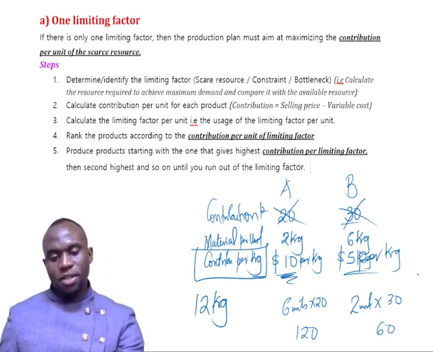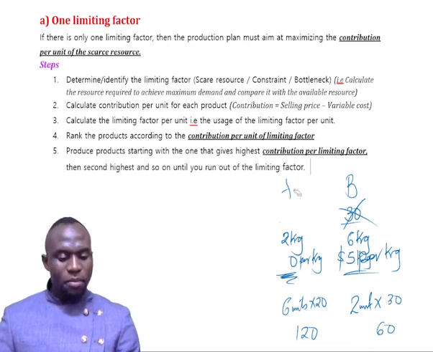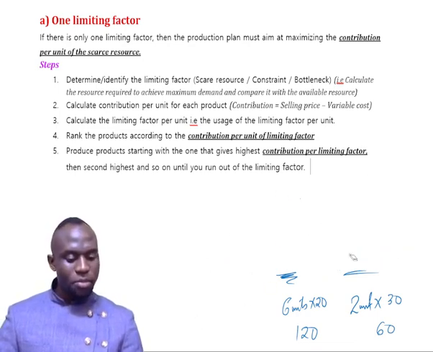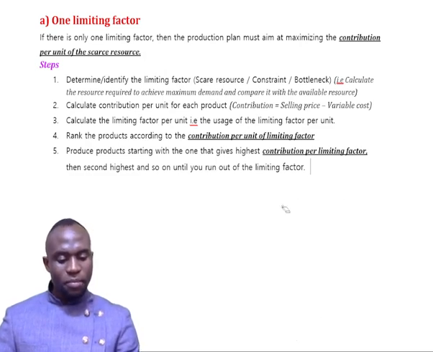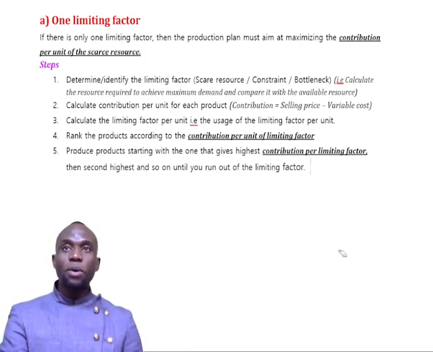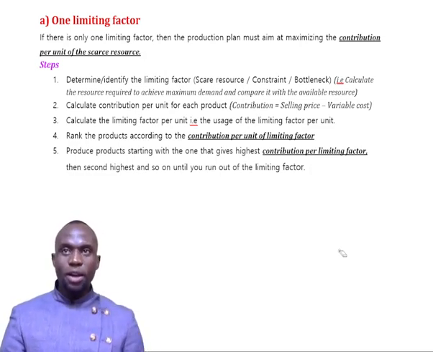Now we look at the steps. Step number 1 is to identify the limiting factor. How do you identify the limiting factor? You compare what is available and what is required, like in the earlier illustration.